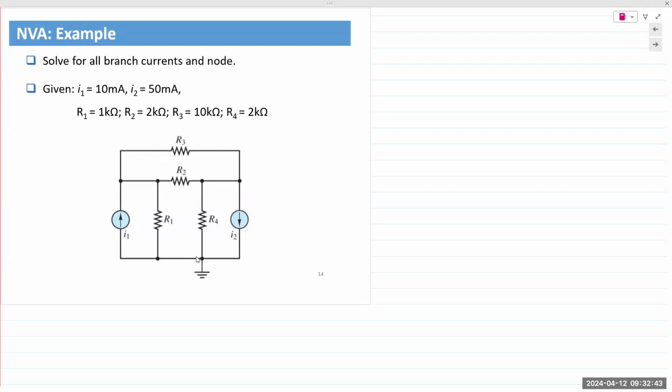But I could draw the same circuit diagram like this. Okay, there's a connection, the two resistors up top. I have another resistor right here. And then I have these current sources connected to this node.